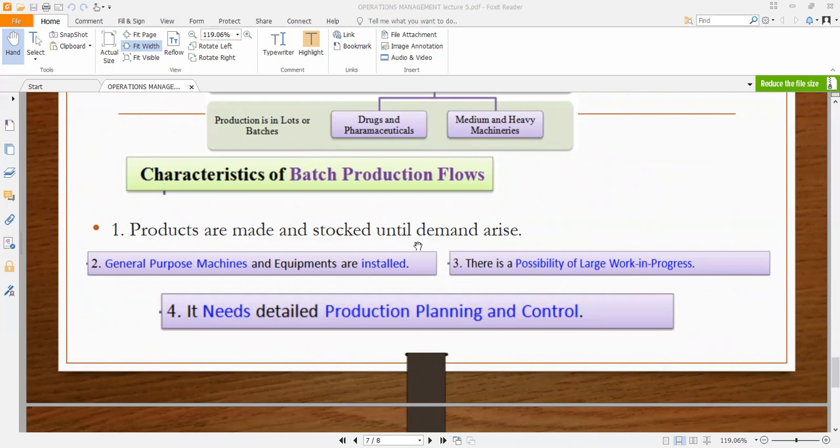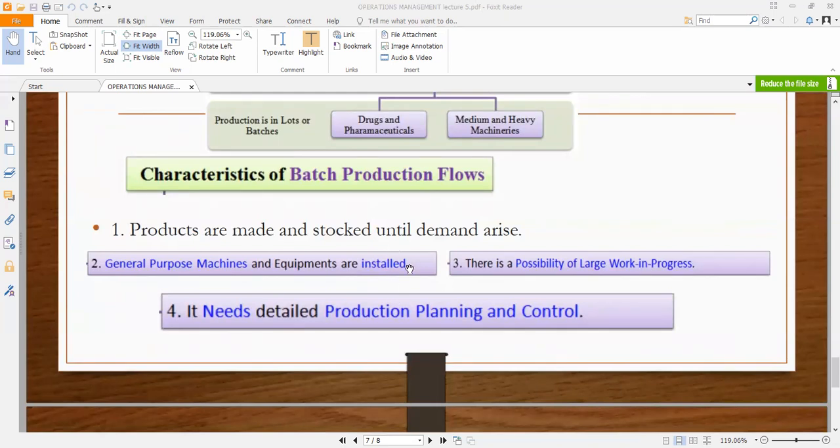Secondly, general purpose machines and equipment are installed. By now, you understand what general purpose machines mean. We're talking about machines that can be adjusted to create goods of different designs, depending on the time and the specific period that the good is needed.